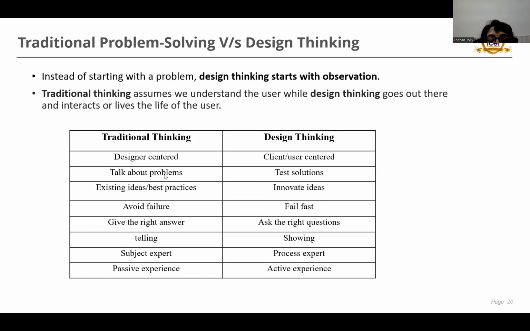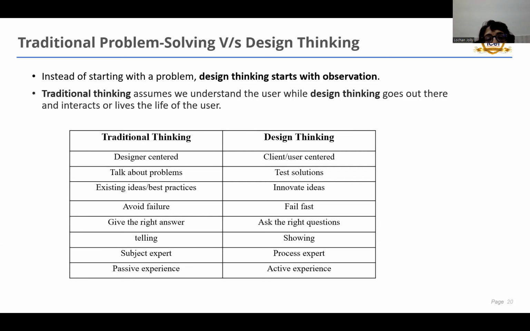Traditional thinking talks about the problem and therefore focuses on the solution only. It keeps the problem in the center and has a lot of solutions for testing. The existing ideas and best practices are taken as a base for starting, and it could be a repetitive solution. There are a lot of innovations in design thinking to come out with a new way of resolving a particular problem.